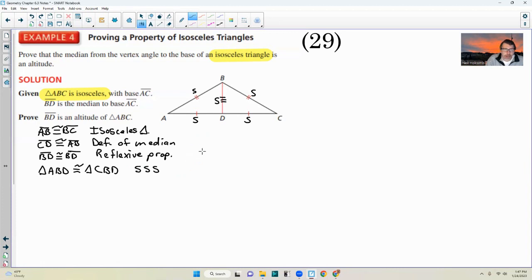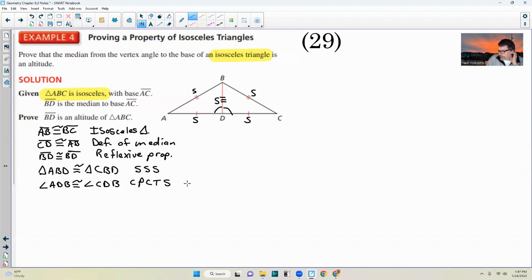All right, so now I can say angle ADB, this angle here, is congruent to angle CDB. Why? Because corresponding parts of congruent triangles are congruent.